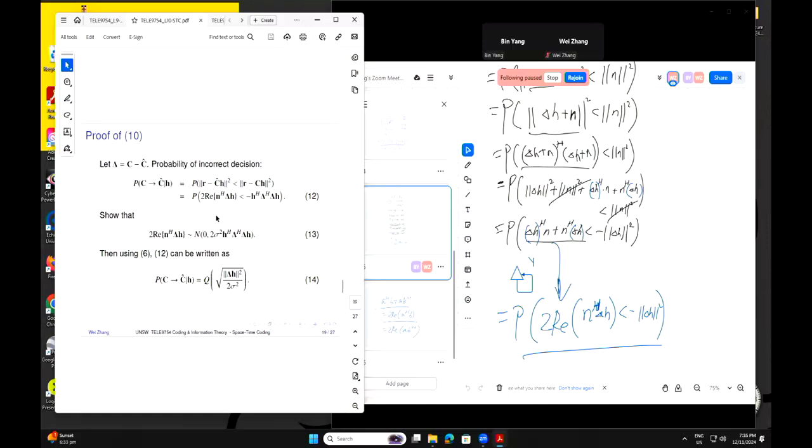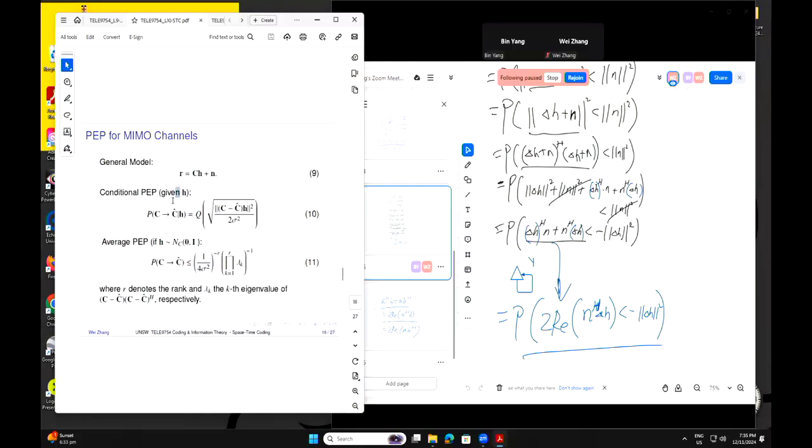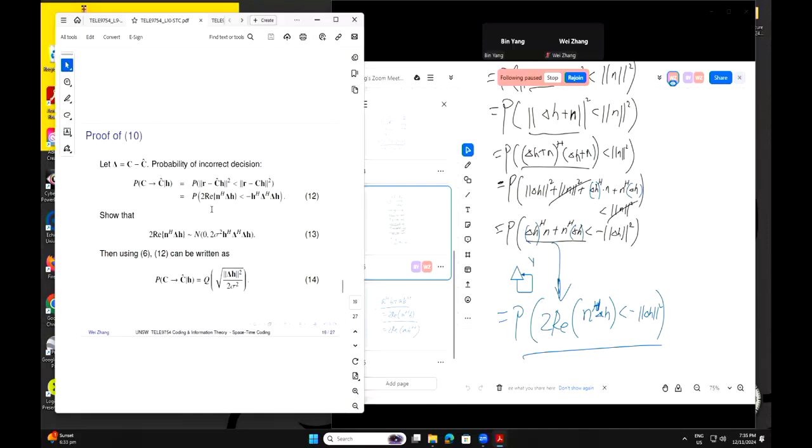C and C hat are both given, although probably you don't know the true value of C, but C is already there. So delta equals C minus C hat is given, it is constant, not variable. H is given. We mentioned in the beginning, for given H. So delta and H here are constant. But n is noise. Noise is random. You don't know it, right? This is a random variable. Basically the whole thing on the left hand side is a random variable.